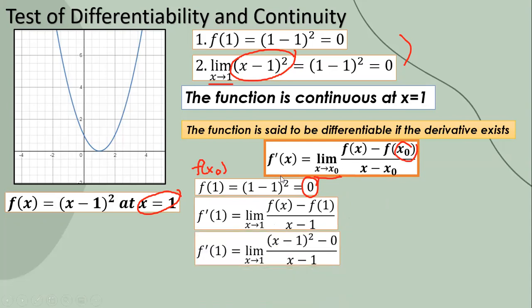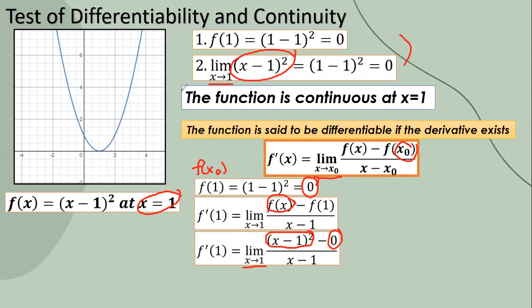What is f of x? That is the given function, which is x minus 1 squared, minus f of 1 which is 0, all over x minus x sub 0, which is 1, as x approaches 1.